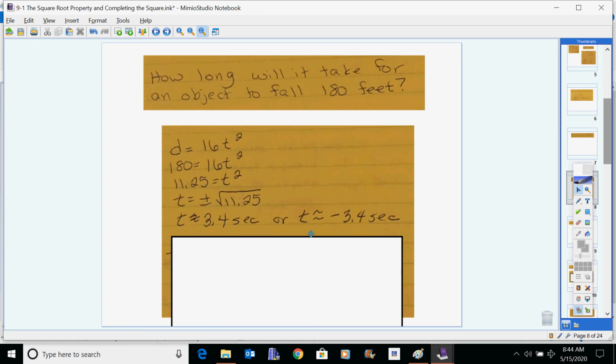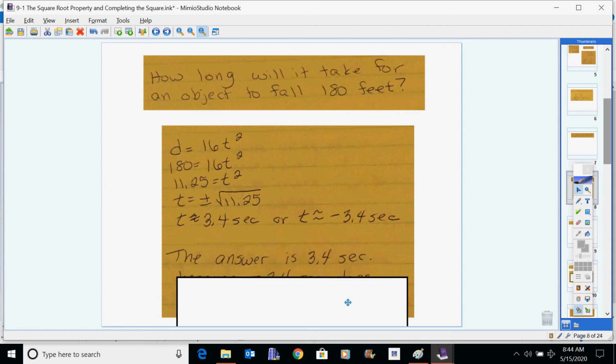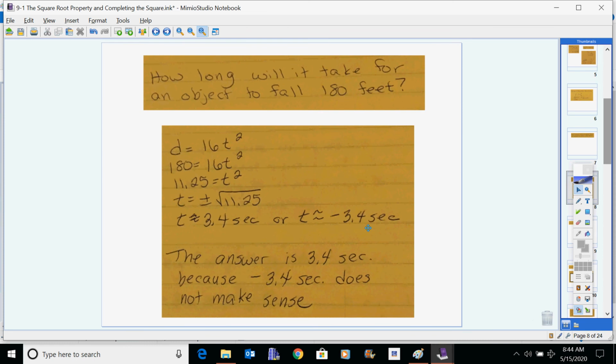Now, this is where we have to let our good thinking come into play, because it says how long is it going to take it to fall 180 feet. Only one of these makes sense, because positive 3.4 seconds makes sense, but negative 3.4 seconds, you can't go back in time. So our positive answer, 3.4 seconds, is the only one that makes sense.